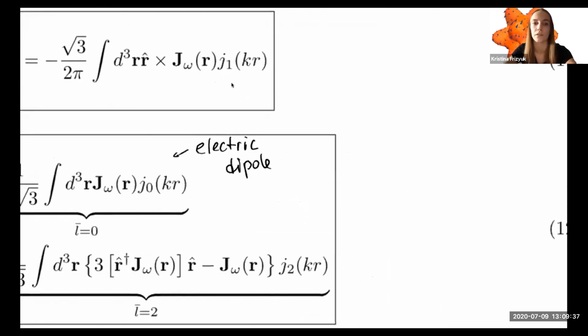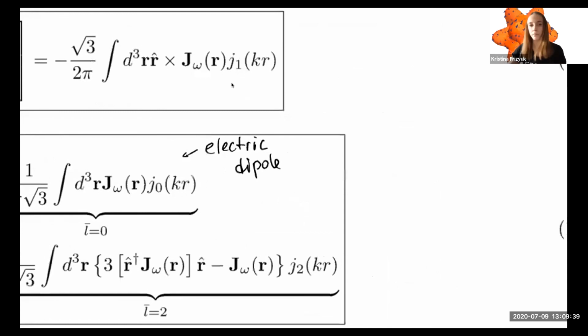Let's look at it more precisely. Here we have a vector product, and this is actually a vector.